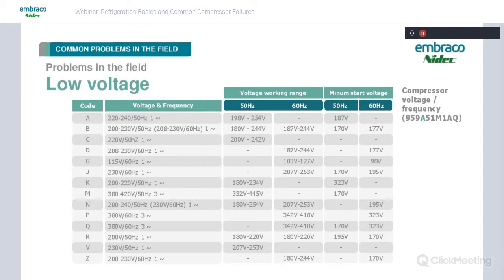We use the G code, which is 115 volt. As you can see, the minimum start voltage is 98 volts. So you can put your meter on it when the compressor's starting. If you've got an intermittent problem, make sure you're not dropping below 98 volts when that thing starts. And for the other one, D voltage, 208, 230 volt, make sure it's not dropping below 177 volts.